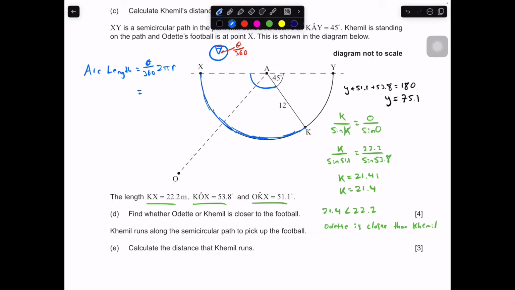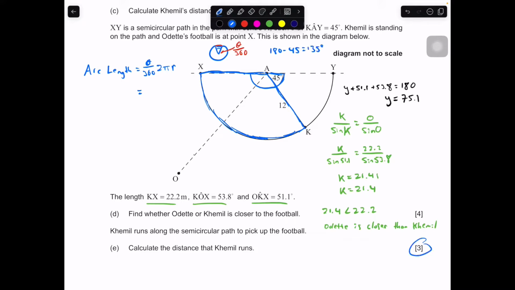So what is the angle that we are concerned with for this portion of a circle? Well, if this is 45 degrees, and we know angles on a line sum to 180 degrees, we're asking, 45 plus what is equal to 180, or what is the remainder when we take away 45 from 180, and we have 135 degrees.